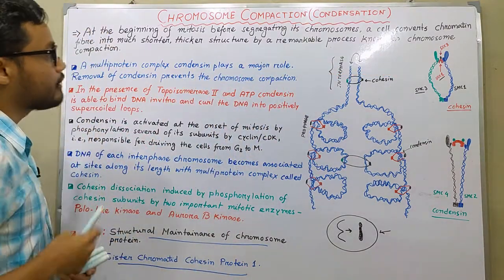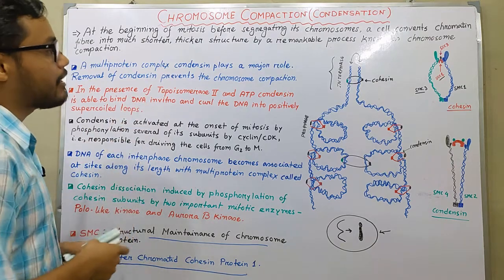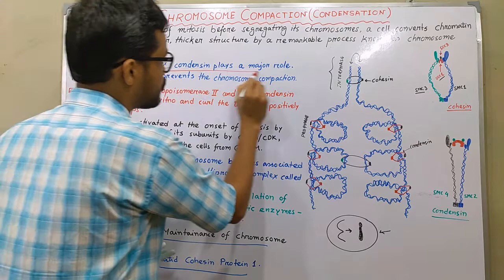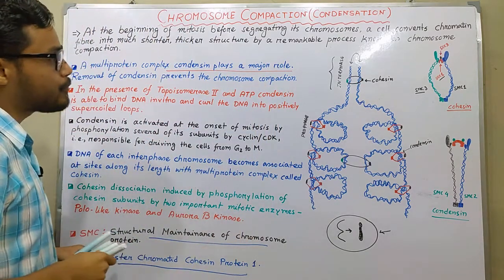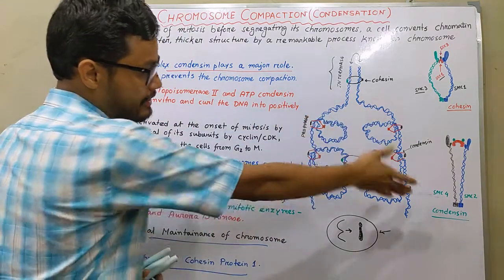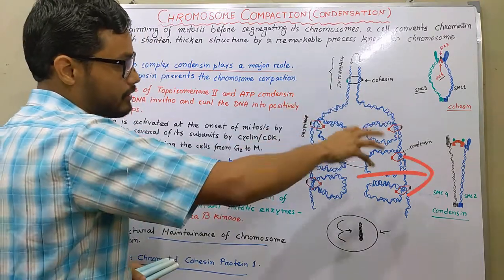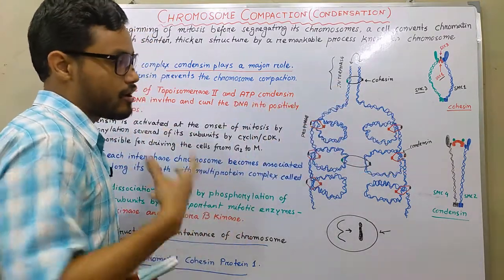Next, a multiprotein complex, condensin, plays a major role in chromosome compaction. Another protein that is also made up of SMC and SCC plays a crucial role in the compaction or condensation of the chromosomes.